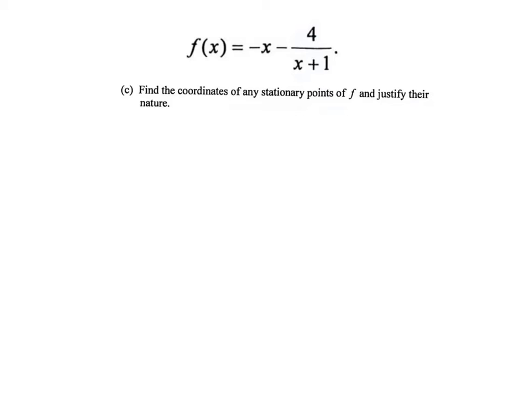So stationary points. Well, what I'm going to do is just to rewrite this as minus x minus 4 lots of x plus 1 to the power of minus 1.